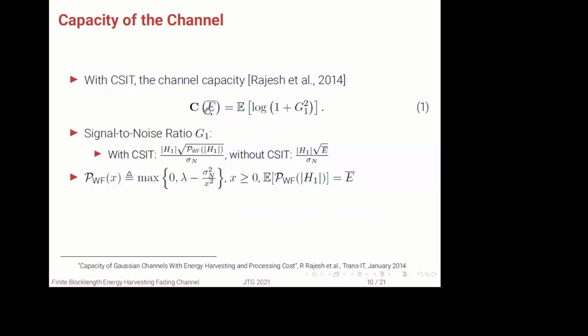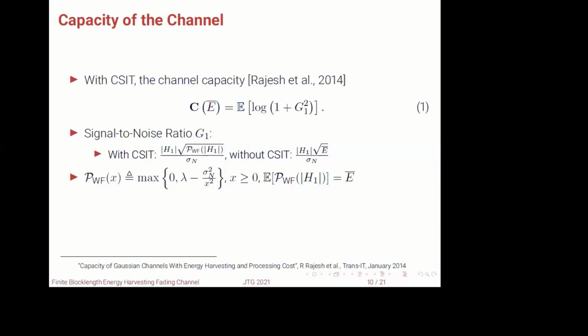This G1 square is the signal to noise ratio as given here, and it involves the water filling power allocation because we assume CSIT, and it is evaluated according to the average harvested energy rather than the average power that we usually see in the canonical setting.